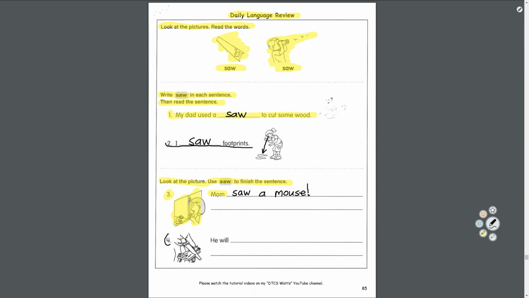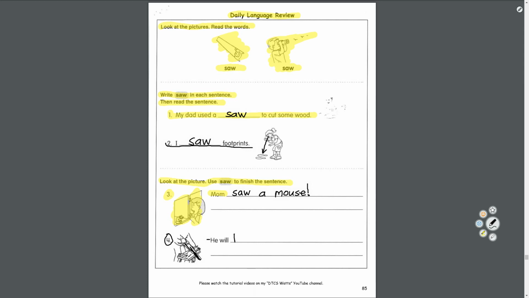Number 4. So we see this guy, he's got a saw and he's cutting a piece of wood. So he will saw the wood. No, let's say he will use his saw to cut the wood.